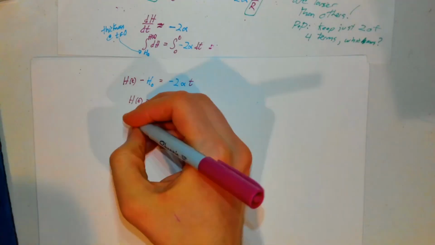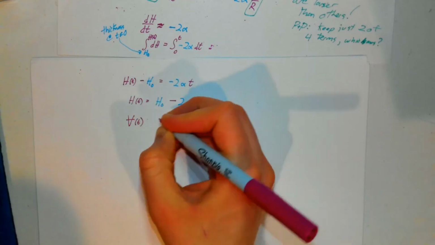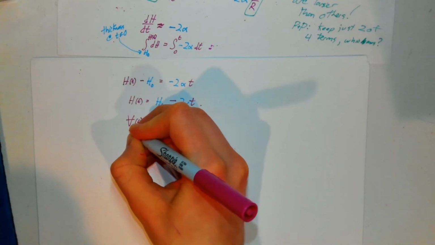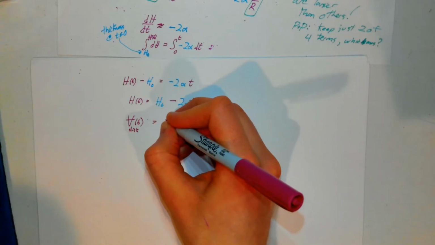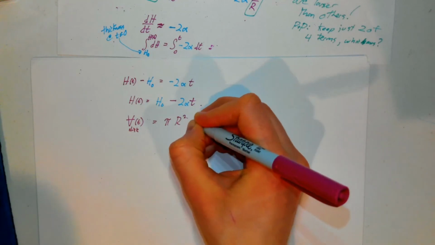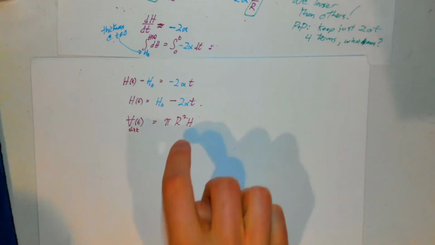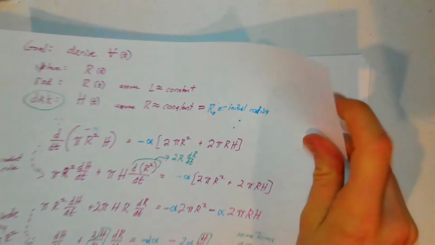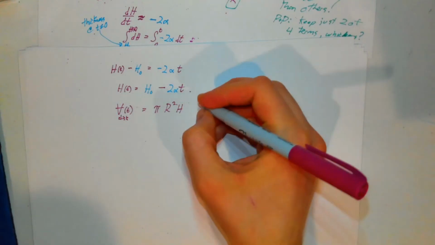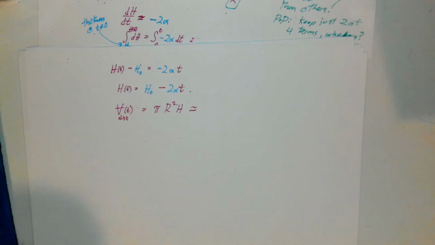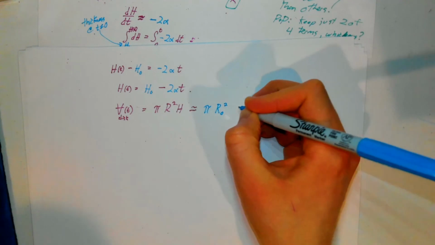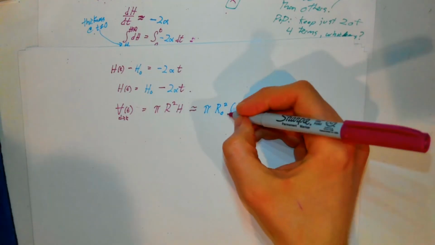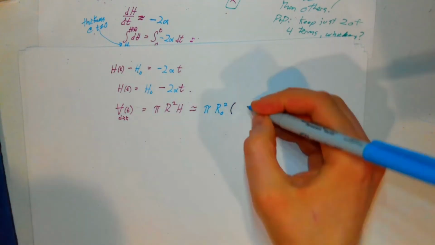So if we wanted our volume as a function of time of the disk, what's that going to look like? Well, that's going to look like pi r squared h. And if we use this approximation, r being the initial radius and h being this h of t that we just derived, then we could say that this is approximately equal to pi r naught squared, and then this expression for h that we just had.